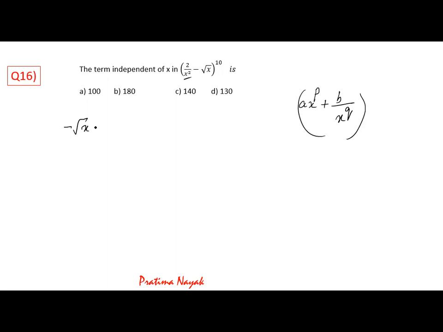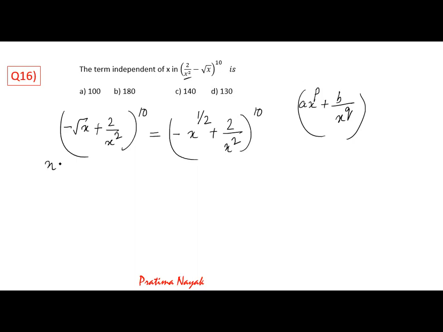Minus 2x plus 2 by x square. You can write in this form. Then this is the same as (minus x to the power half plus 2 by x square) to the power 10. So n is 10, p is equal to half, q is equal to 2.